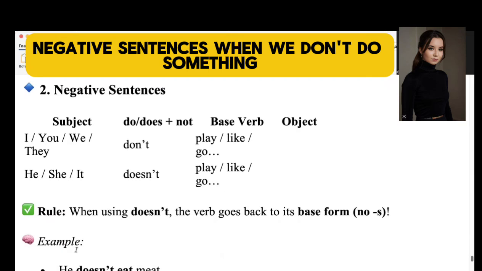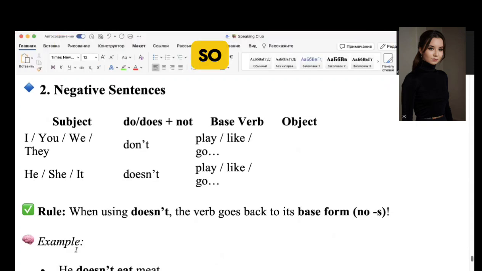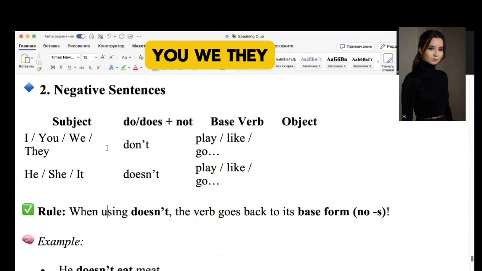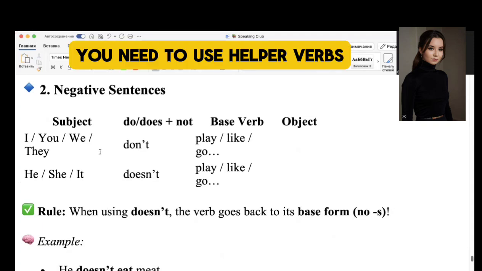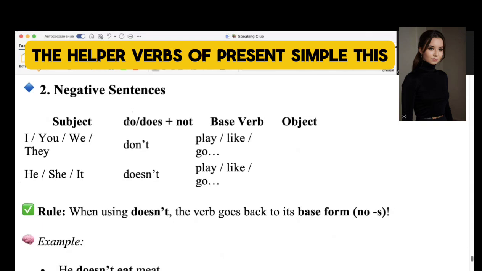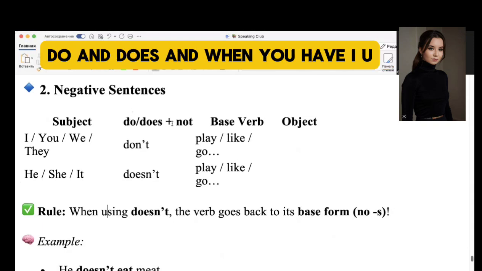Let's go to the next one: negative sentences, when we don't do something. If you have the subject I, you, we, they, you need to use helper verbs. The helper verbs of present simple are do and does.